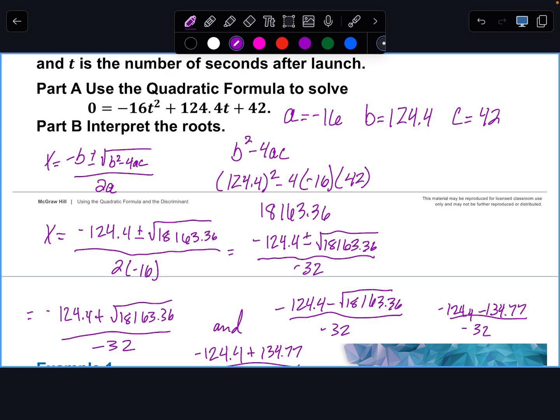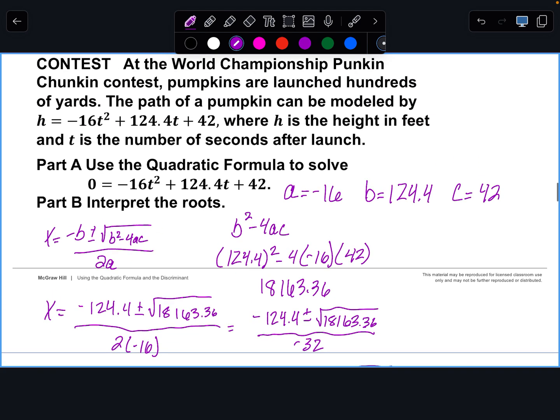So, what does that tell me? You can plug them in and they will work. We'll get zeros, right? And we're talking about h as the height of the pumpkin. So when we're launching our pumpkin, we're at time 0, correct?